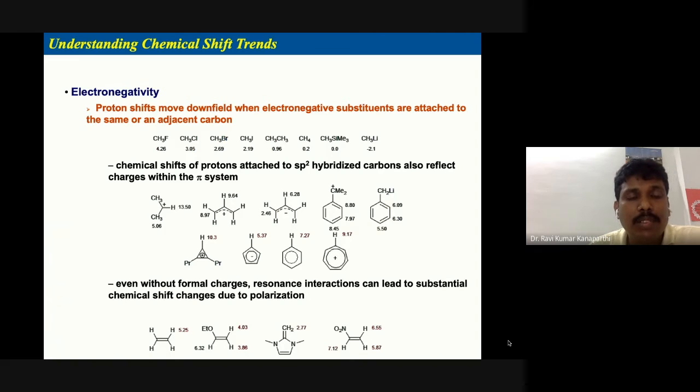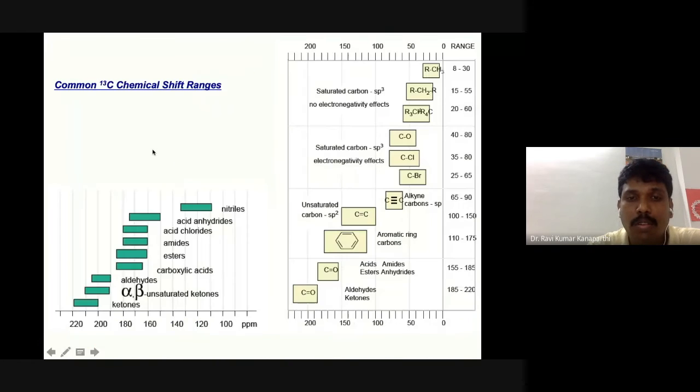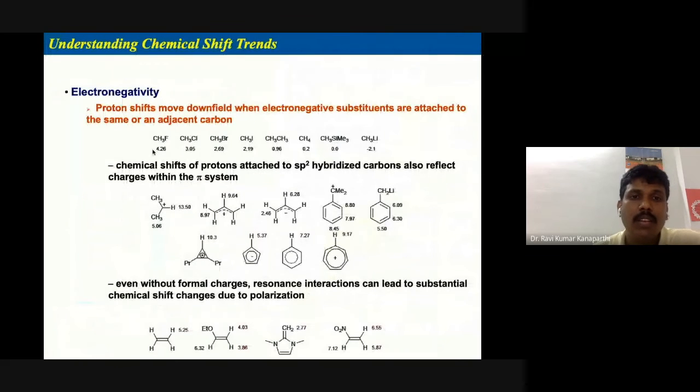And this is something that we have already discussed, that if you have an electronegative atom on the same carbon, you can notice here how the chemical shift values are changing. Let's say you have methyl fluoride. The methyl proton chemical shift can be found at 4.26.